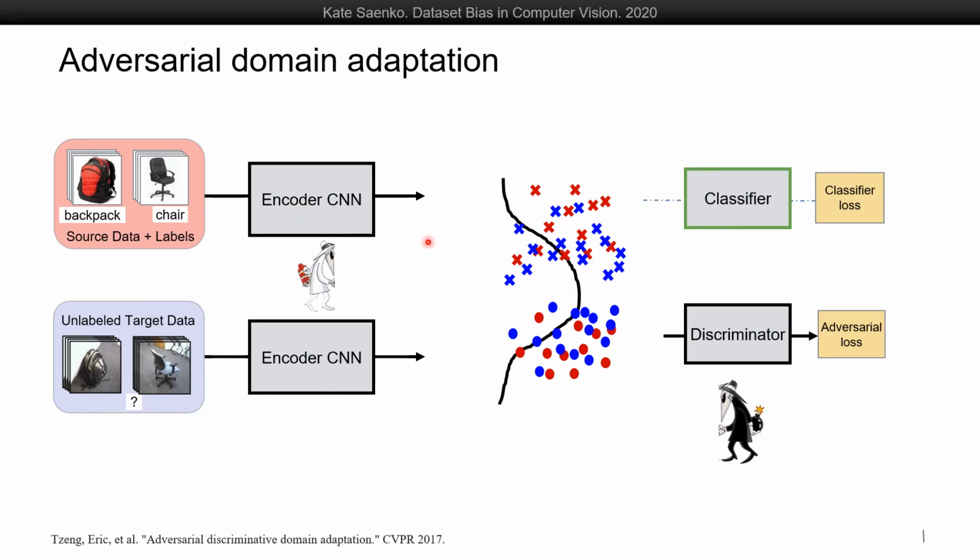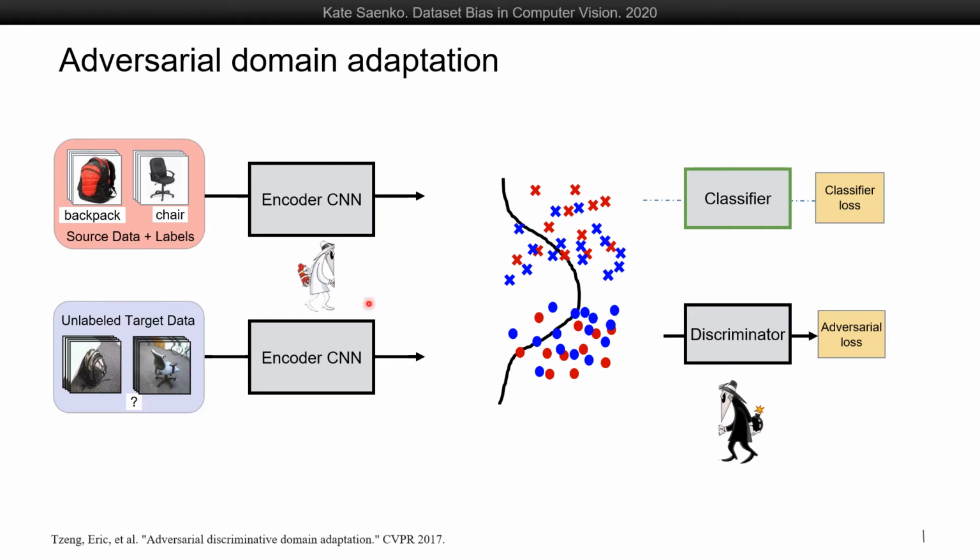But the encoder is going to have not only the classifier loss, it's also going to have a second loss, which is to confuse the discriminator. Its second loss will be to maximize the error of the discriminator, which means it's going to try to fool the discriminator into not being able to predict the domain of the point. Okay, so there are these two spies acting against each other, the white spy and the black spy.